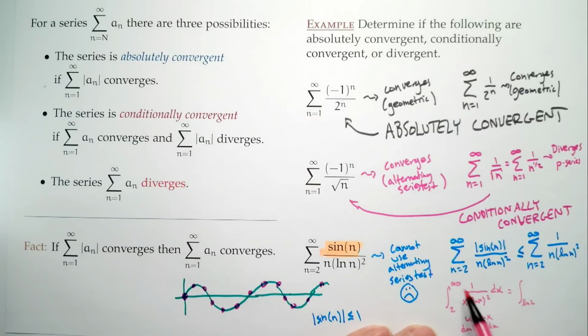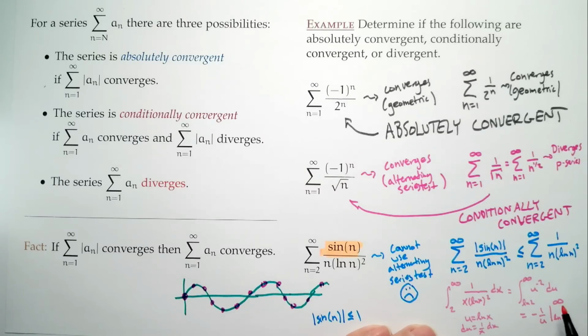Now, as x goes to infinity, u goes to infinity, because log of x tends to infinity. So this becomes log 2 to infinity. The 1 over x dx becomes du. Then 1 over log x squared becomes 1 over u squared, u to the minus 2. Well, that means that this has a nice antiderivative. It's minus 1 over u from log 2 to infinity.